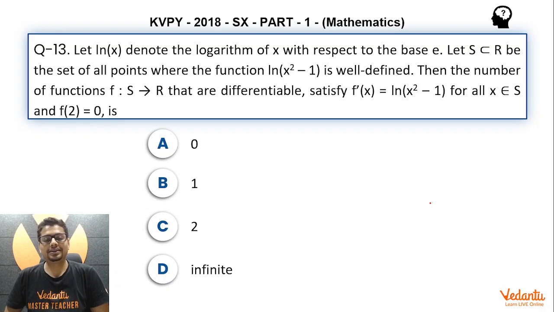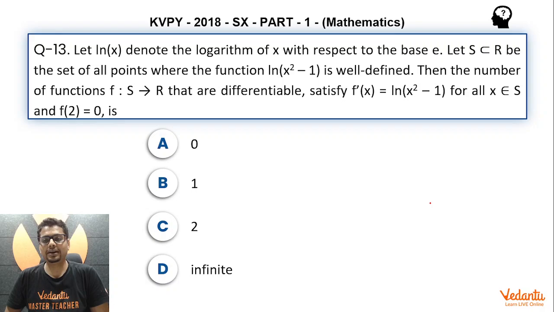That means S is the set of all values of x for which ln(x square minus 1) is defined. Then the number of functions f having domain the set S and codomain all real values that are differentiable and satisfy f prime x equal to ln(x square minus 1) for all values of x belonging to the set S, and f of 2 equal to 0, is.